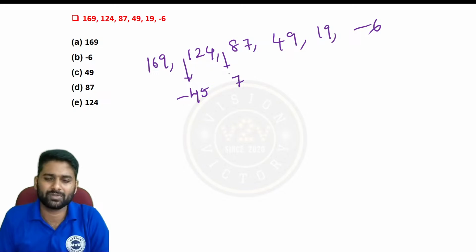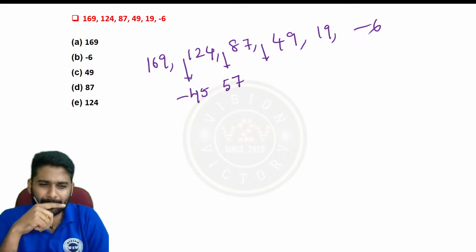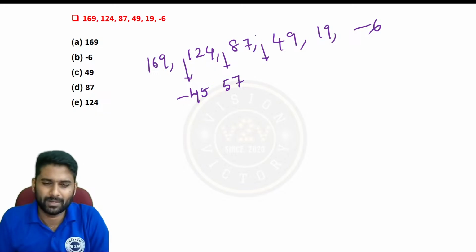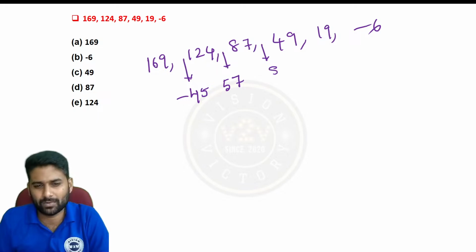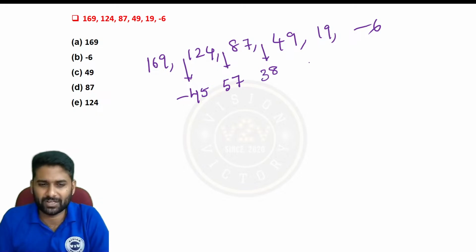Now 13 minus 8, it's a difference of 57. We move on to the next one: 87 and 49. Now 17 minus 9 is equal to 8 units, so here it's a difference of 38.